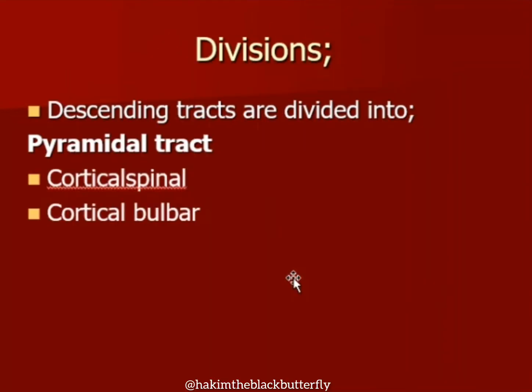The corticospinal is responsible for the supply of the rest of the muscles of the body below the neck, while the corticobulbar is responsible for impulses transmitted through the cranial nerves supplying the head and the neck. Both of them are referred to as the pyramidal tract.